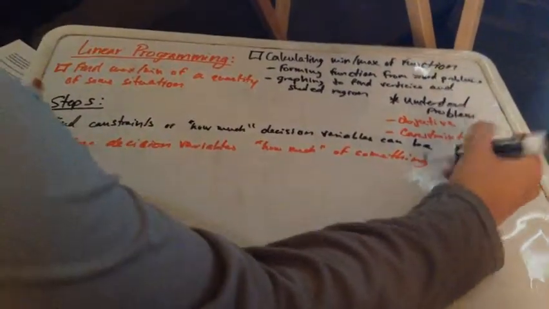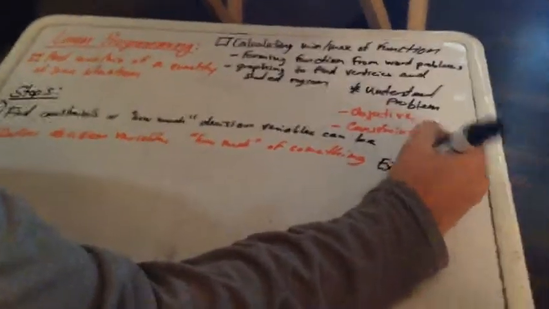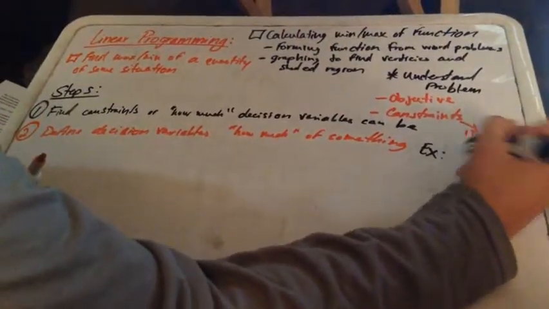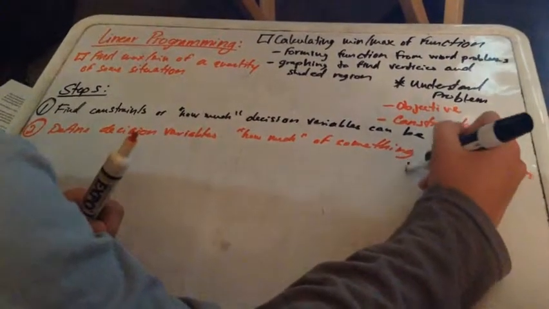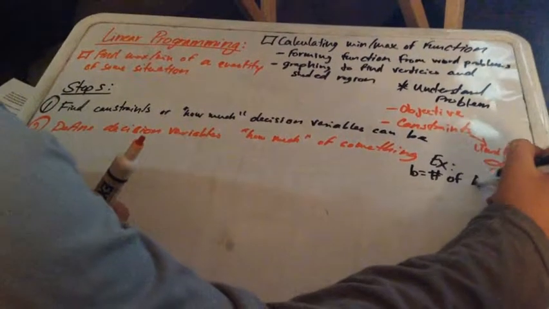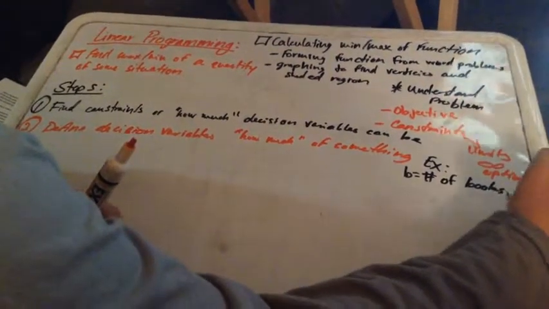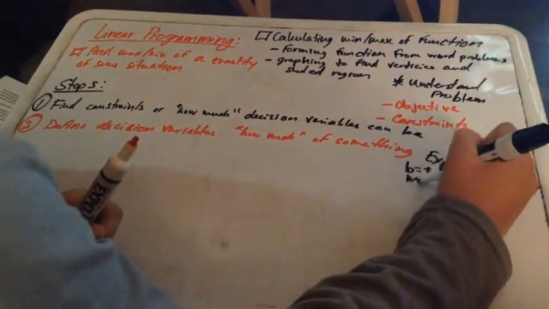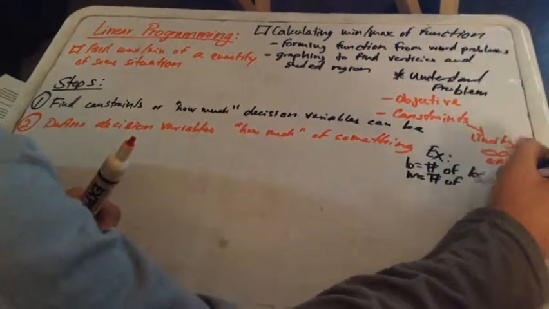For example, if you're trying to define number of books sold to number of movies sold, you could use B for number of books sold and M for number of movies sold.